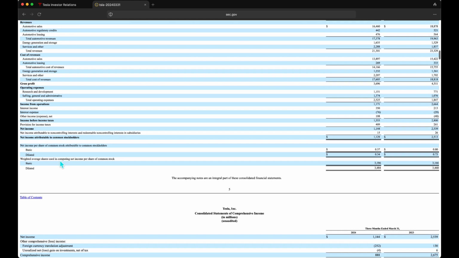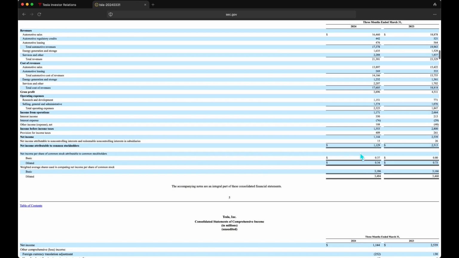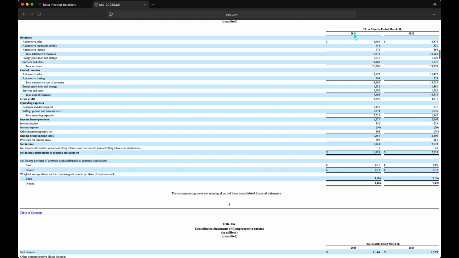And we have the actual EPS value, which is known as the net income per share of common stock attributable to common stockholders. We have a basic EPS of 0.37 and a diluted EPS of 0.34. So this is for the year 2024, and it's common for companies to include previous year's data as well. So this would be the EPS from 2023. But let's focus on the 2024 one.